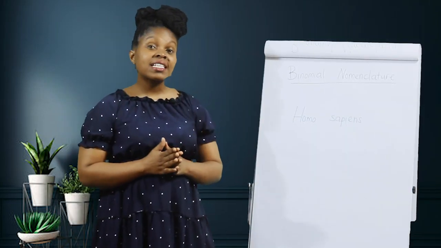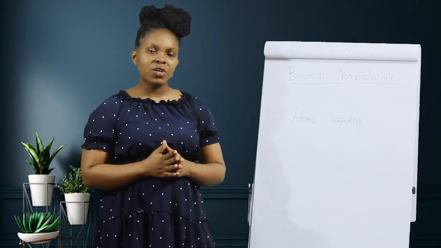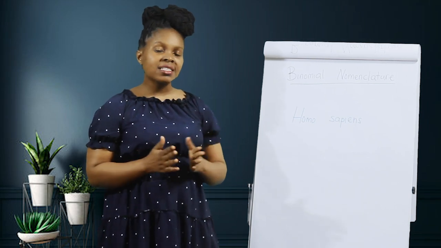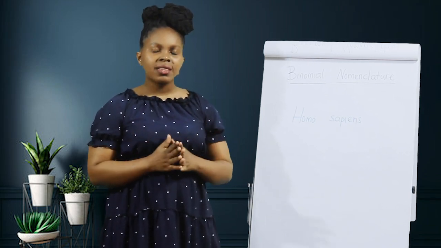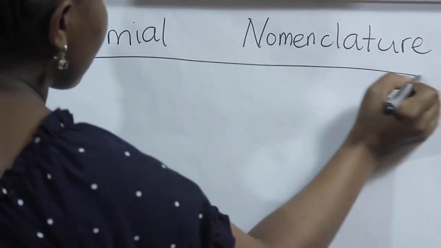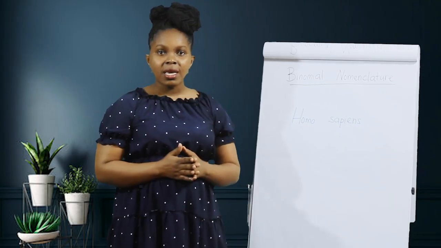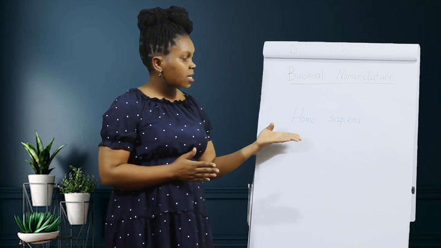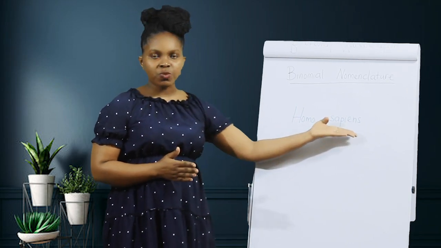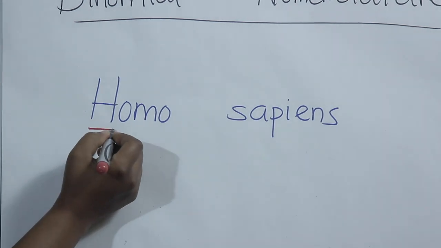We do have a scientific system of naming these living organisms. And this scientific system of naming the living organisms is known as binomial nomenclature. And this system involves naming the organisms in two different names. For example, the human being is known as Homo sapiens.